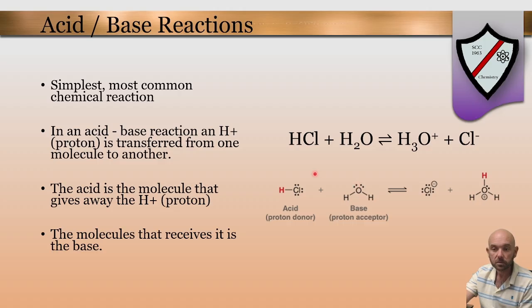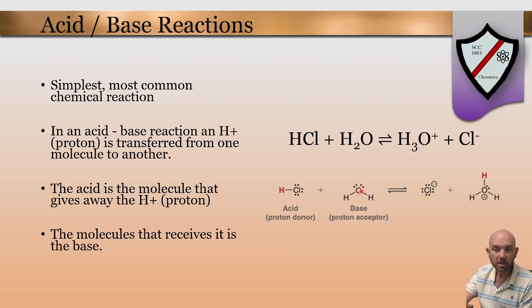After the acid-base reaction has taken place, the hydrogen has moved over to the water. It's now bonded to that water molecule. That's why HCl is the acid, because it gives the proton to this species. That makes the water molecule our base, because it now has a new proton associated with it.